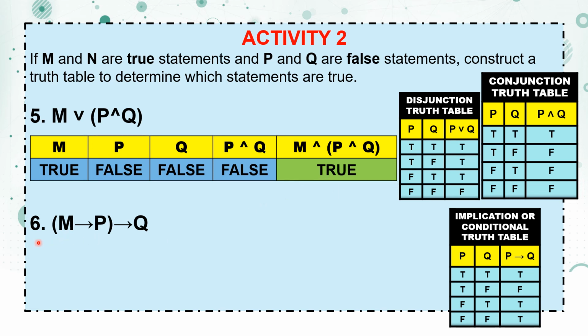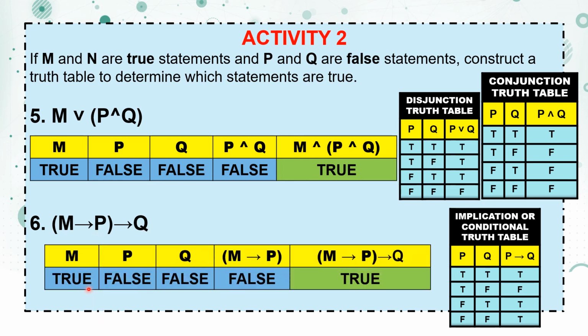Number 6. If M, then (P, then Q). We have three propositions, M, P, Q. Let's write their truth values in the table first. M is true, and P and Q are false.